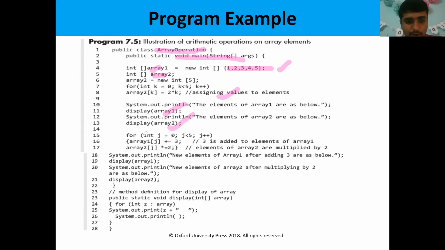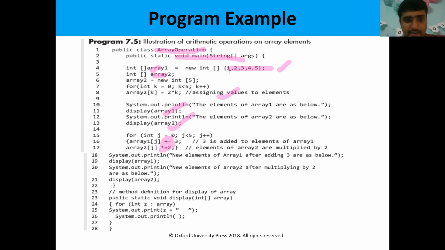So next he is doing some operations. Assignment operators, arithmetic assignment operators. That means array 1 is equal to array 1 plus 3. We are adding 3 to the elements of array 1.